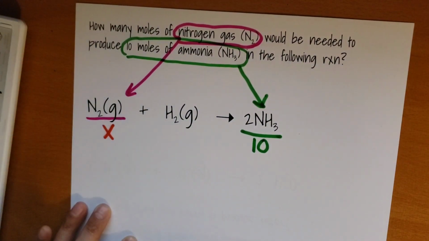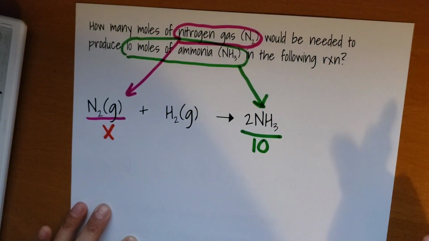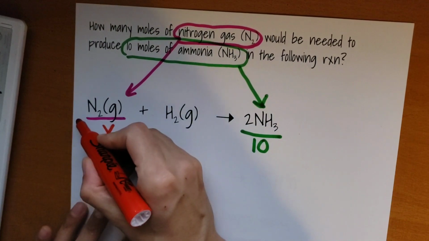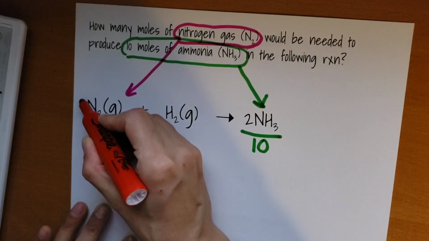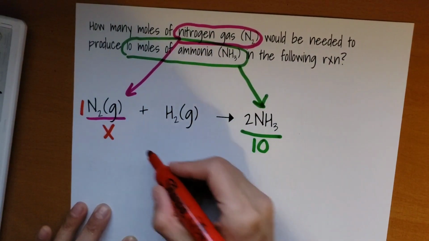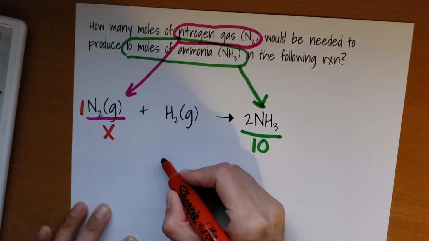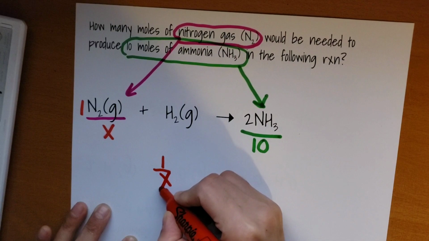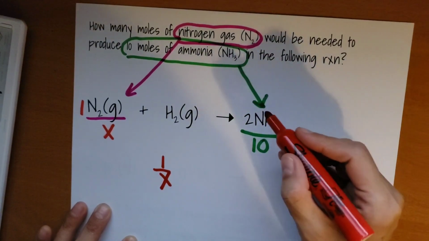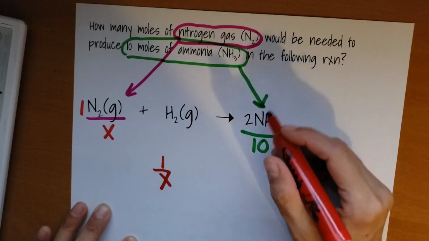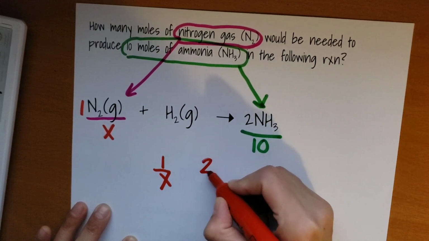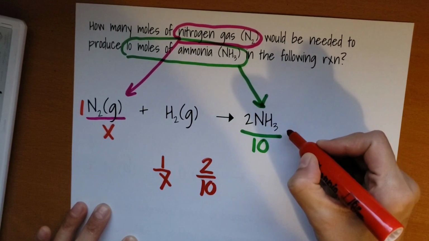So this will set us up to make 2 equivalent fractions based on the coefficient. The coefficient on nitrogen is not written, but it's understood to be 1. So my fraction is 1 over X from the nitrogen and 2 over 10 from the ammonia.